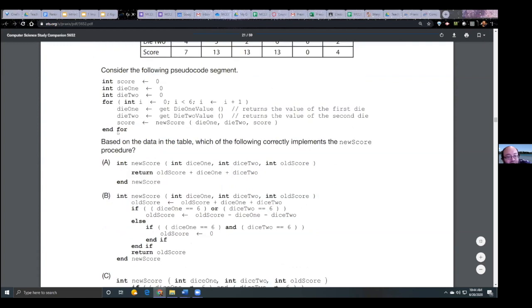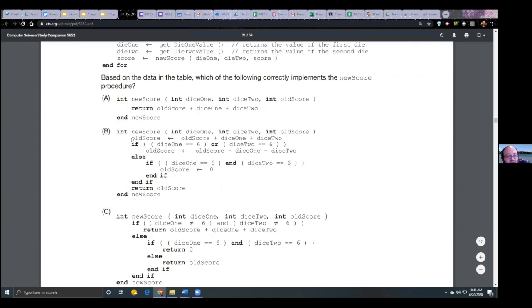Okay. Looking at B. Here we have a little bit more complicated of an algorithm. And again, if you're not familiar with these symbols, we will spend more time on each of them. But the first line is the same as in part A. We first update old score to be the older old score, plus dice 1 plus dice 2. But then we have a more complicated if-else statement to change old score after that.